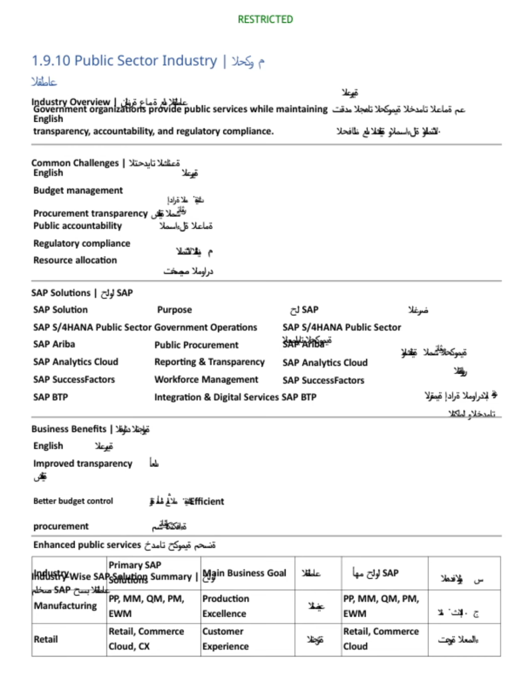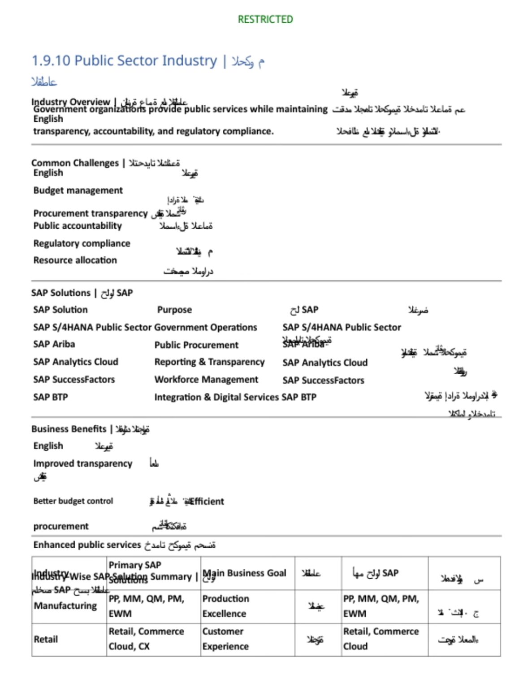This slide gives us a detailed look at how SAP solutions align with different industries, focusing on their main business goals. For manufacturing, the goal is production excellence, supported by modules like PP, MM, QM, PM, and EWM. Retail aims to enhance customer experience through solutions like Retail, Commerce Cloud, and CX.